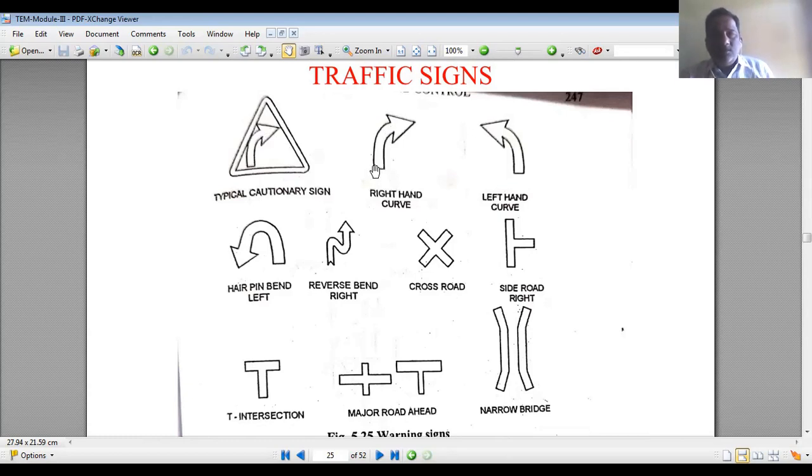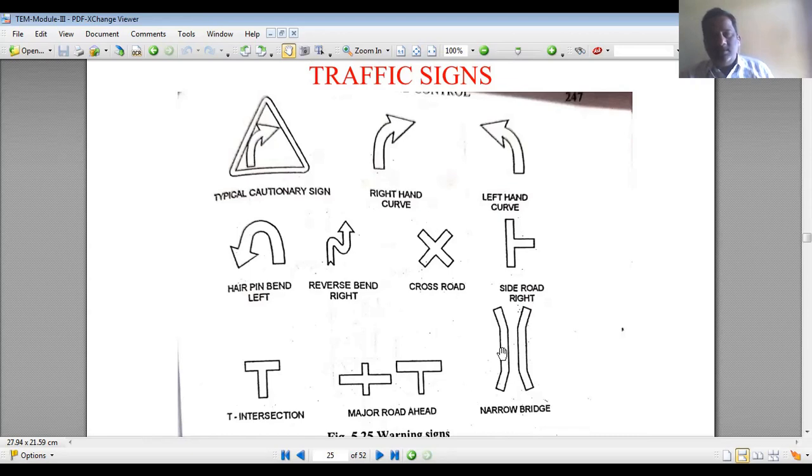So right hand curve should be shown like this, left hand curve, hairpin left, reverse bend right, cross road, that means chaurasta. Side road right, there is a small road towards the right, and the T intersection, major road ahead. So we are going in this direction, there will be a main road.